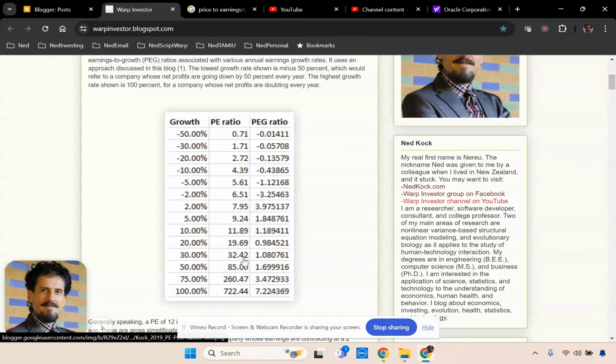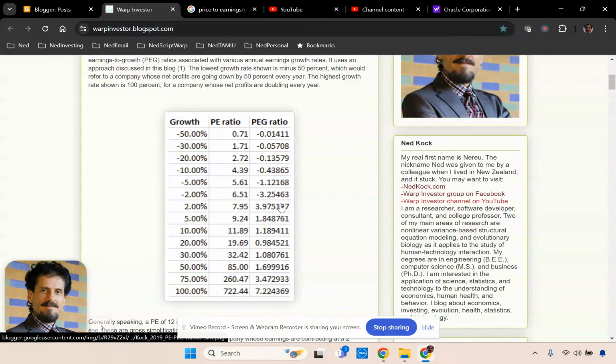This PE ratio would be fair if we were to assume a growth rate of 30%, and the growth rate that we're seeing there is much lower. Also, the PEG ratio that we're seeing there is more in the neighborhood of what we're seeing here. It's more consistent with the growth rate that we're seeing there at 3.3%, even though that growth rate is in revenues. So the PEG ratio there is telling us more or less the truth.